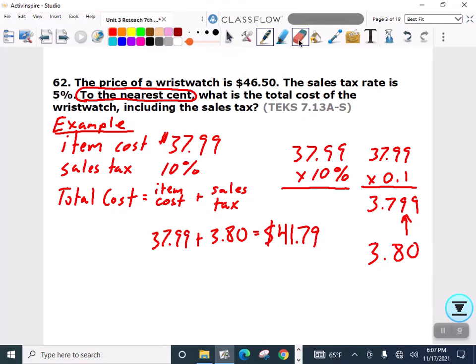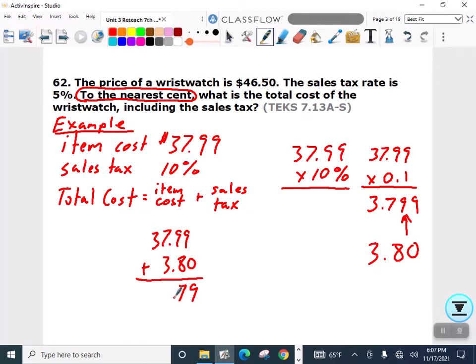Well, maybe I don't want that to get confused. So I'm going to rewrite this problem. All right. So 9 plus 8, 17, carry the 1, 8, 11, carry the 1, $41.79, just like before. Okay, now I want you to see something.